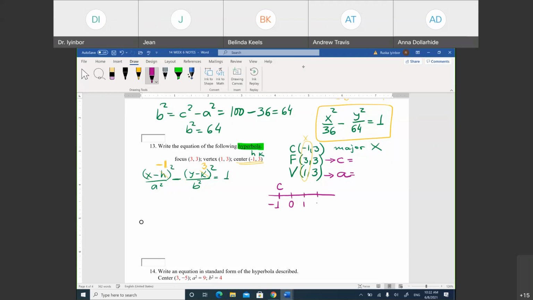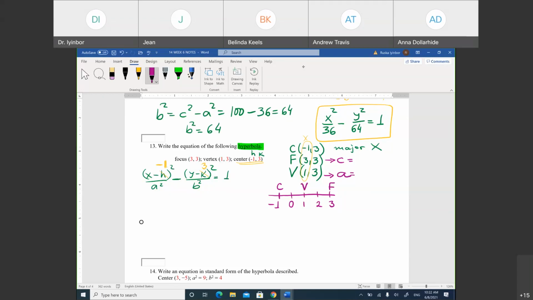We're looking only at the x-axis because y is the same, y doesn't matter. The focus is at 3, and the vertex is at 1.